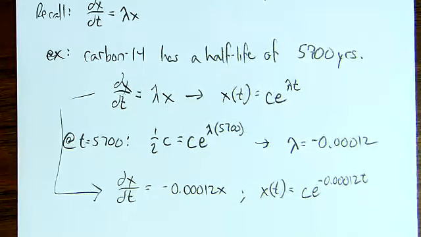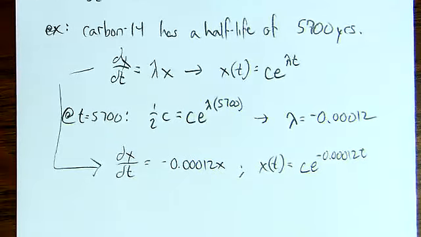The problem is, this isn't the whole story. Carbon-14 doesn't just exist as a specific quantity that was set, pardon the pun, set in stone from day one of the universe, and it's just been decaying ever since.